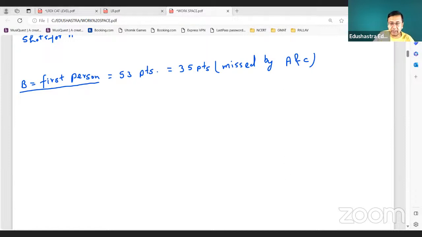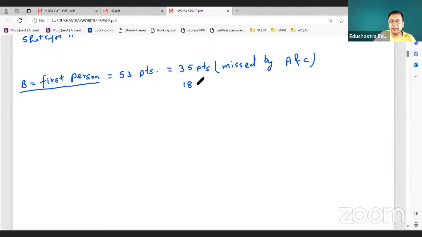Now, if 35 points are scored by B when they are missed by A and C, how much is the score B will need to score himself? 35 subtracted from 53 is 18.